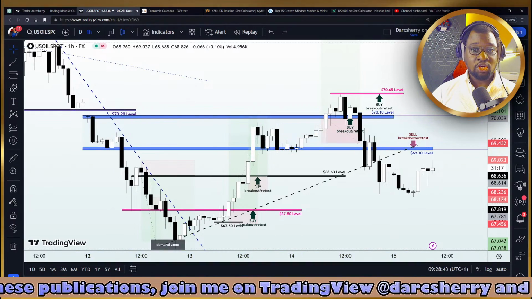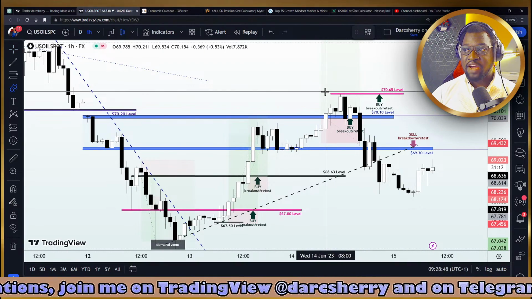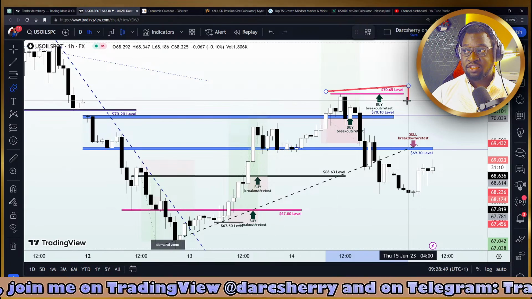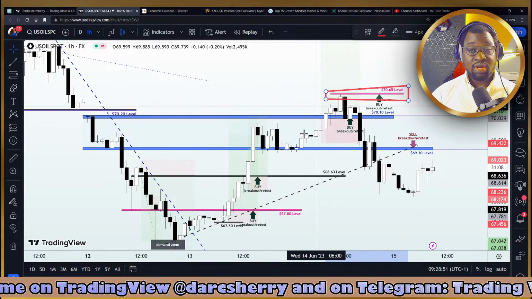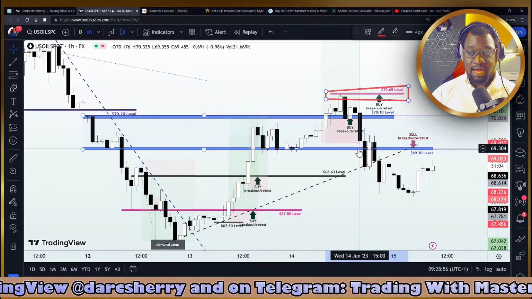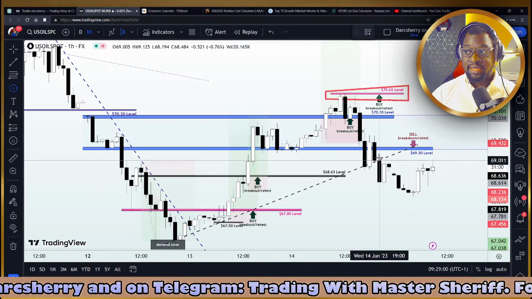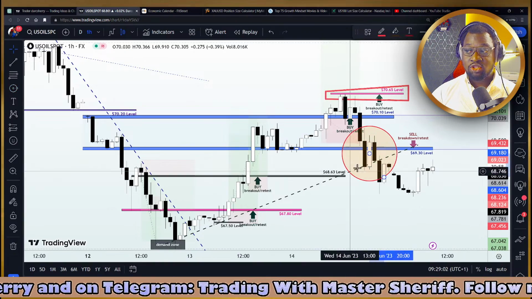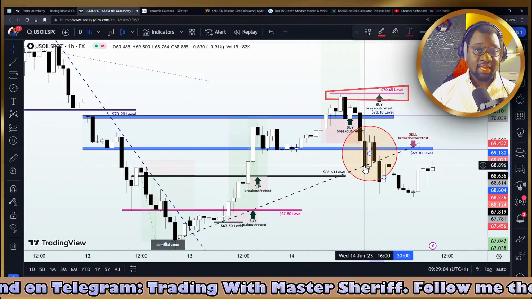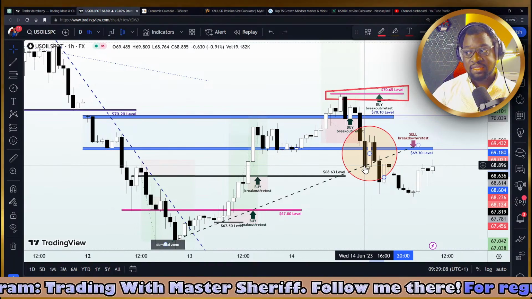But I made mention of something yesterday that if price action fails to find buying pressure to break out the $70.65 level, we could likely see a bearish move. And if price action drops, then we want to see how price action will be reacting to this trend line, which also shares a confluence with the support line of that range at the $69.30 level.